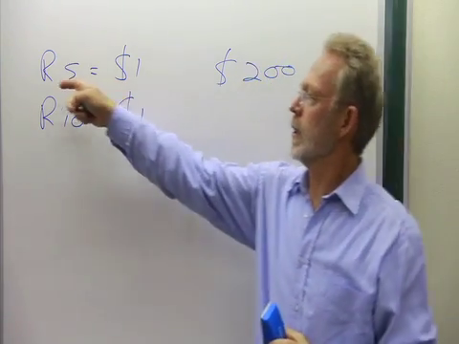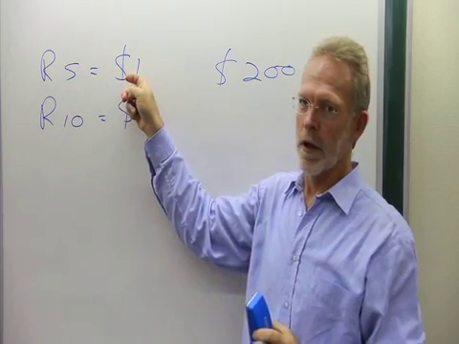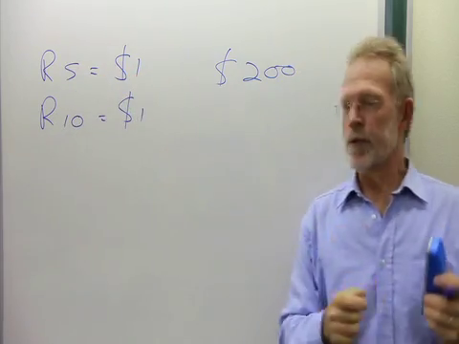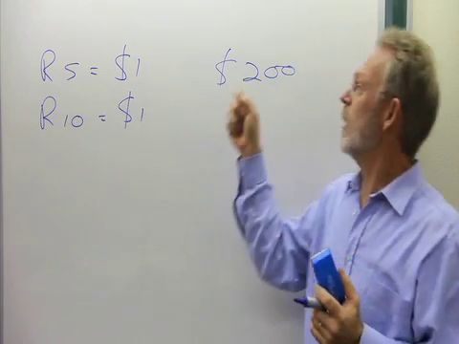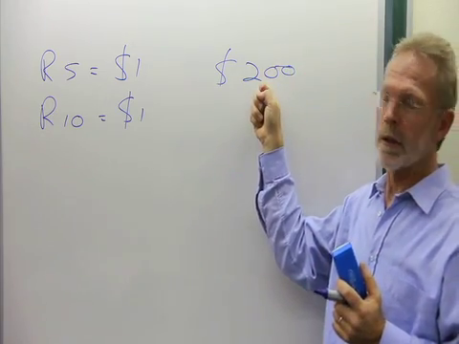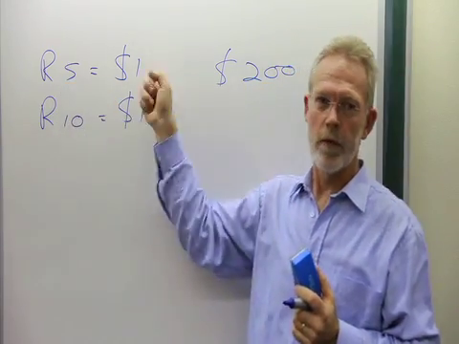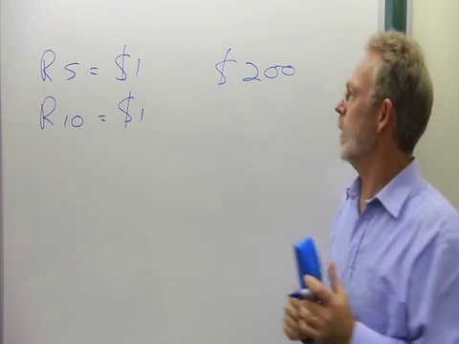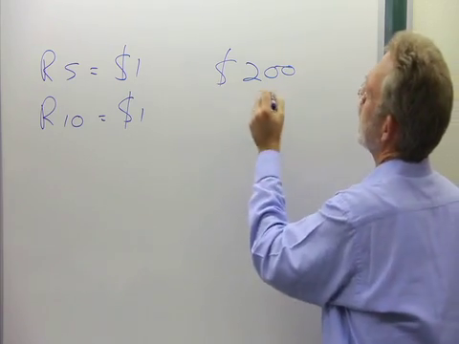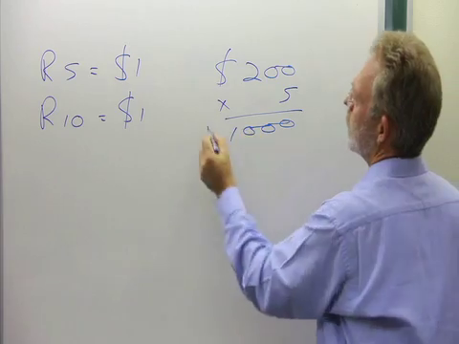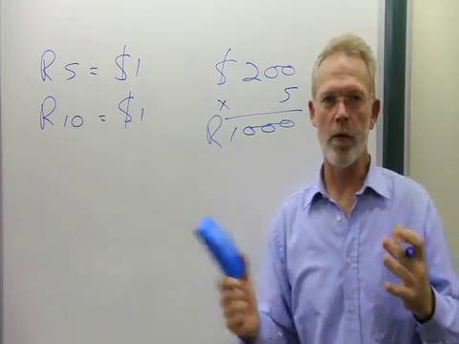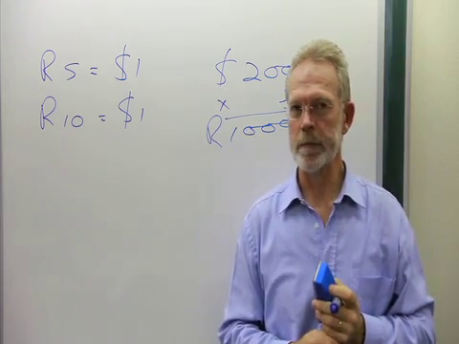Now, at the current exchange rate, 5 rand to a dollar, how many rand will this pair of boots cost you? You need to buy $200, and you pay 5 rand for every dollar that you buy. So 200 times 5, and that is 1,000 rand. So that is what a pair of boots costs you now.